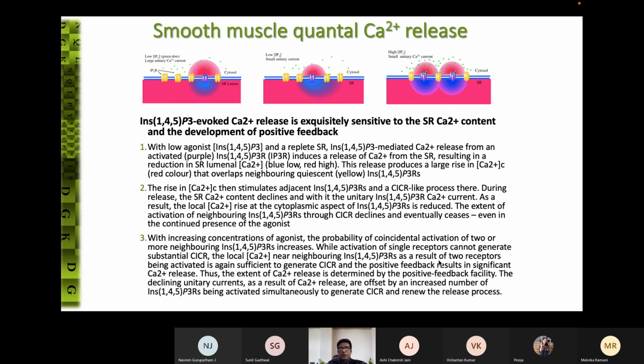Some proteins will not respond if there is just a certain high level of calcium for a short duration, but might respond to a lower level which is sustained, and the opposite. So these kinds of behaviors are there within the cell, and that is the real reason why this oscillatory behavior is observed.